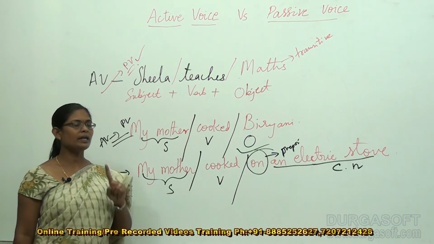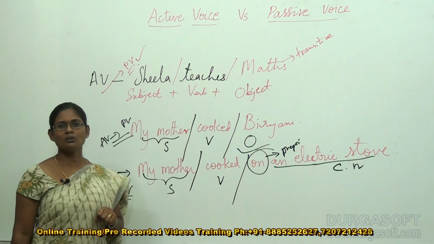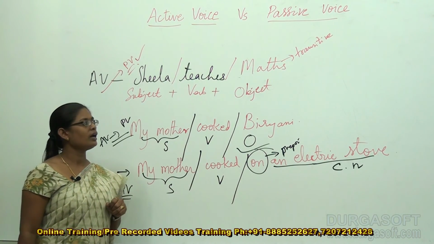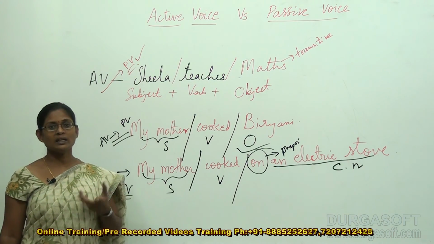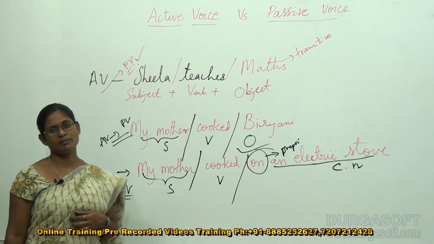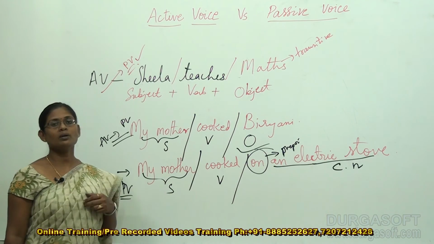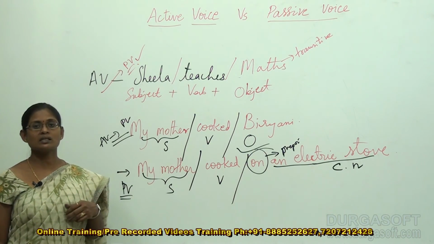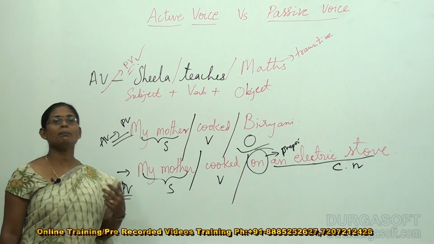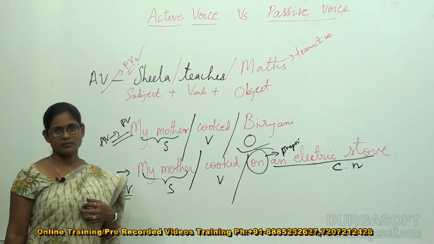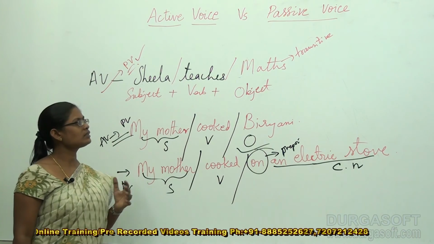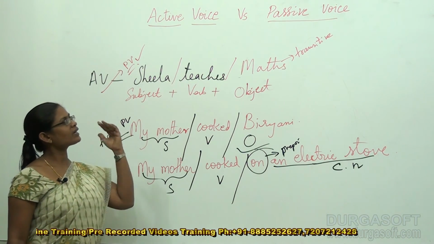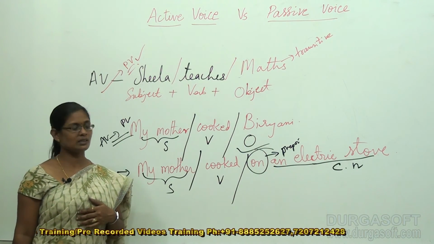That means only transitive sentences can be converted into passive voices. Active voice means the action is taken directly by the main verb, and passive voice means the action is described in a passive way. Okay, all right. So that is the secret behind active and passive voices.